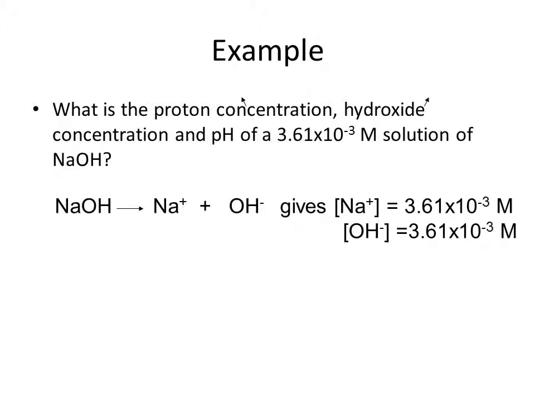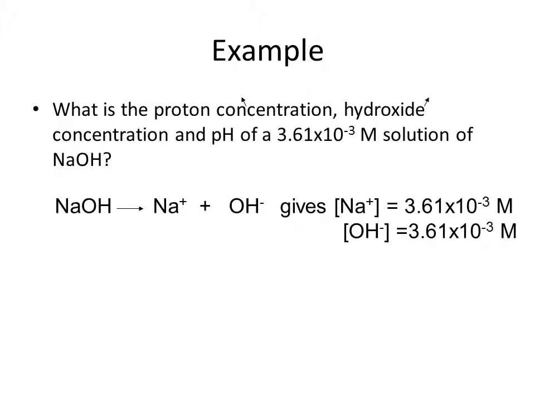So we take the sodium hydroxide and we know that it's going to separate and give us ions. Because it's 3.61 times 10 to the minus 3 molar, our sodium ion concentration is 3.61 times 10 to the minus 3 molar, and our hydroxide concentration is 3.61 times 10 to the minus 3 molar.